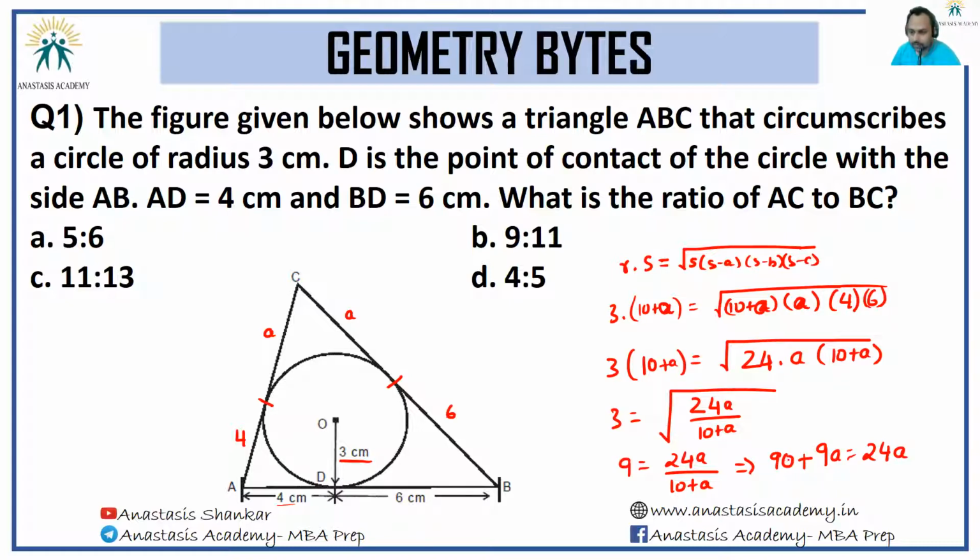Is this correct? Okay, which will give me 15A is equal to 90, or A is equal to 6. If A is equal to 6, AC will be equal to 10 and BC will be equal to 12. So the ratio they will have is 5:6.